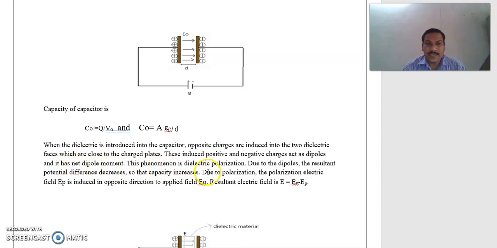This phenomenon is dielectric polarization. Due to the dipoles, the resultant potential difference decreases so that capacity increases. Due to polarization, the polarization electric field EP is induced in the direction opposite to the applied field E naught. The resultant electric field E is equal to E naught minus EP.